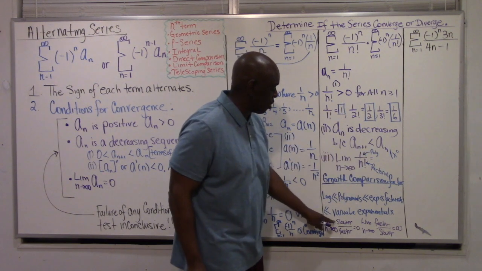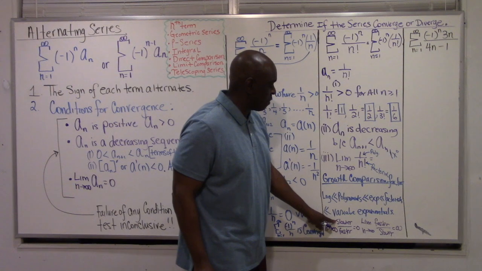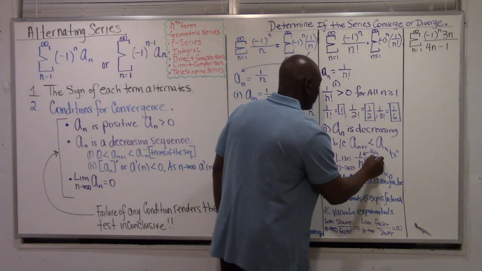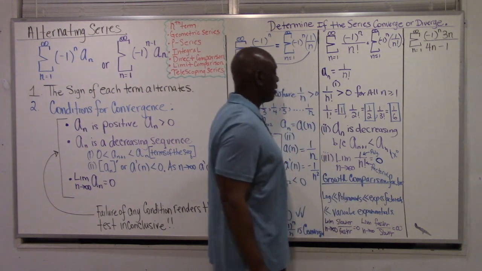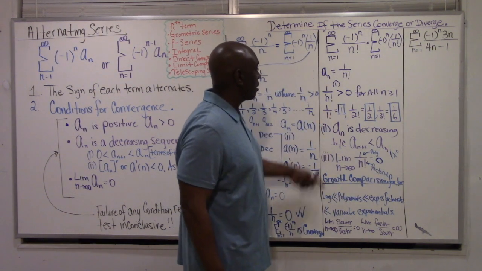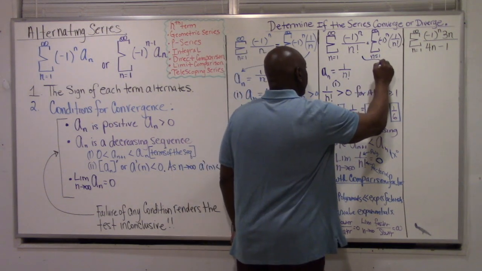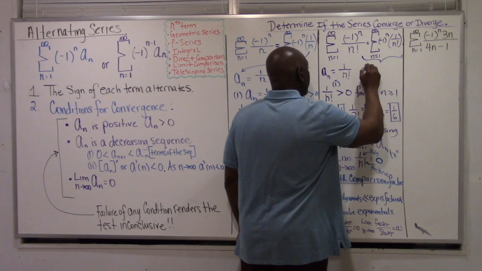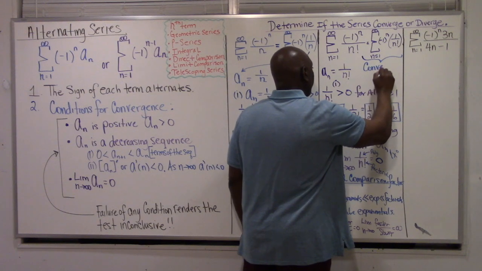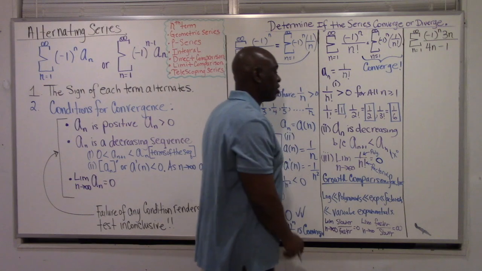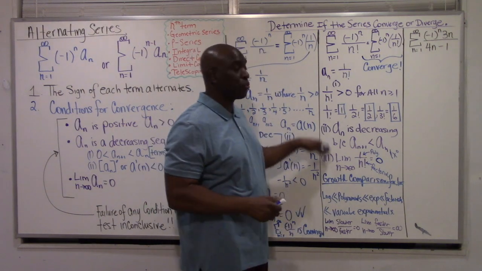So we have the smaller or the slower divided by the faster or the larger, which is going to take us to 0. So that means that all 3 conditions are met. All right, so this series converges. We met all 3 conditions.